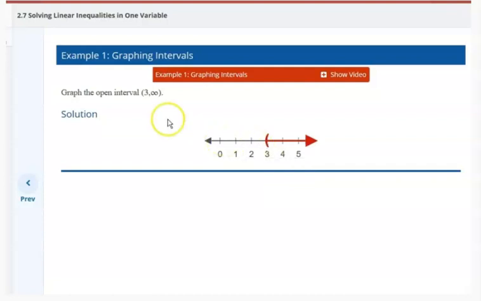Now, a parenthesis means that 3 is not included in the set. And you thicken the line, it goes off to positive infinity. And in our software, after you've chosen parentheses, you would move this parenthesis to the 3, and this parenthesis to the end, and what forms then is the ellipsis.